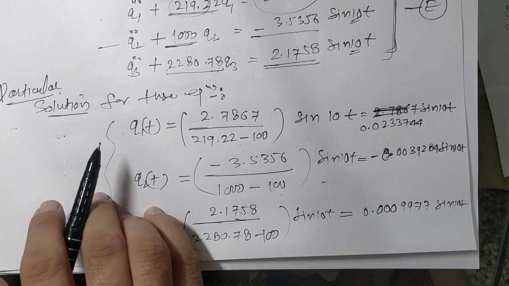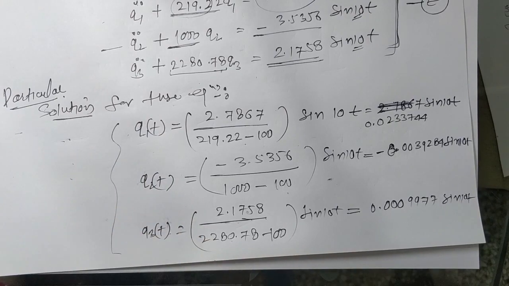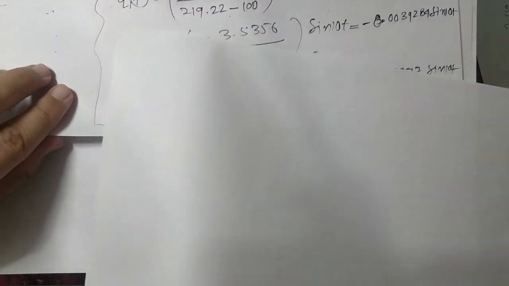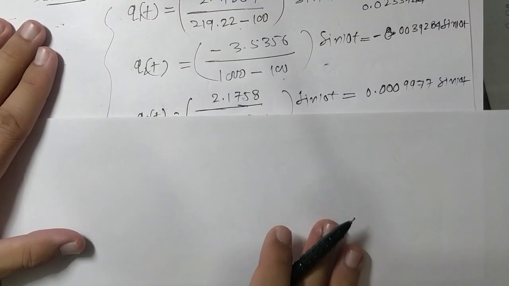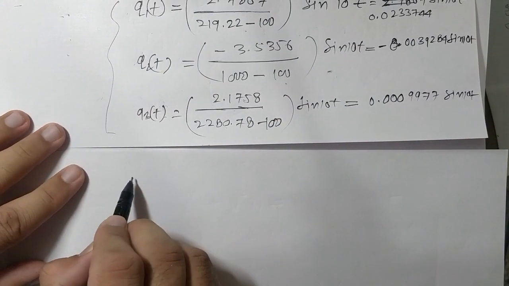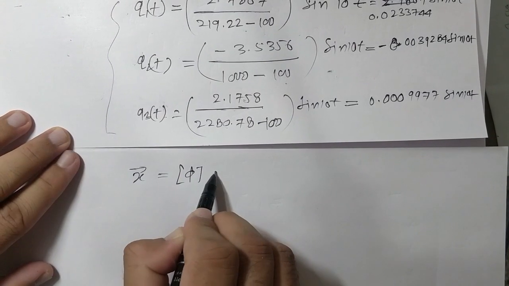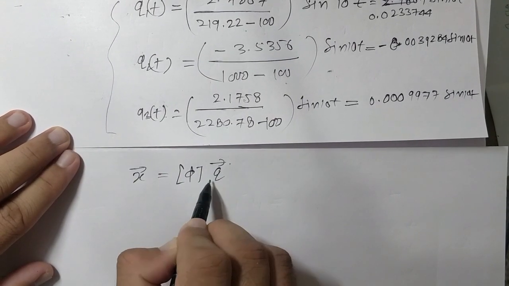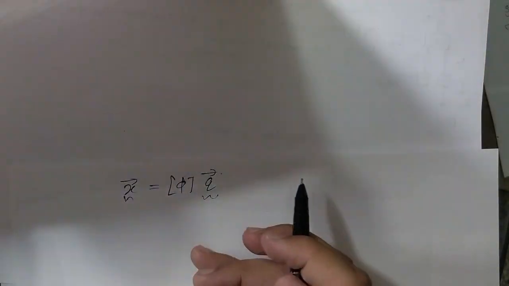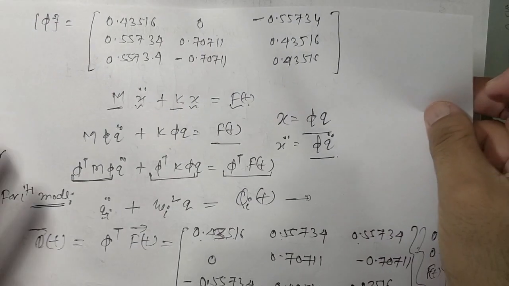This solution in principal coordinates can be converted into the physical generalized coordinates. For that, we know from the expansion theorem that x is equal to phi multiplied by q. Phi is the modal matrix, which we have already found out.